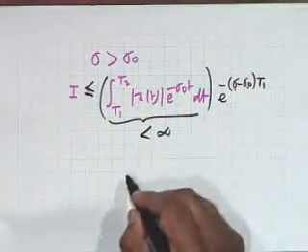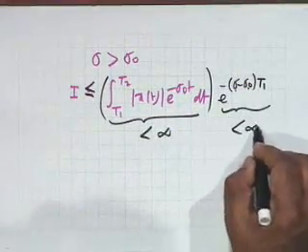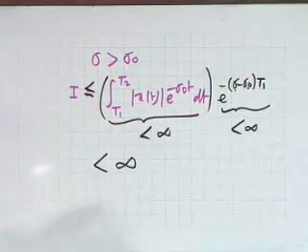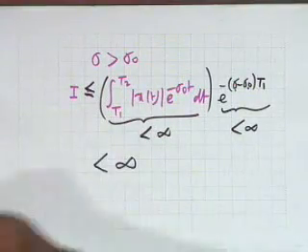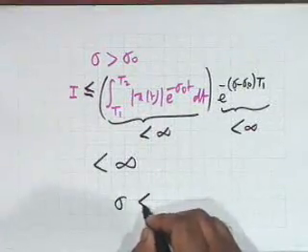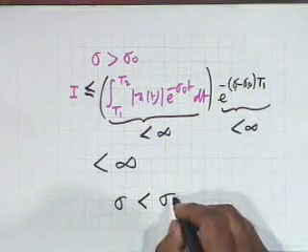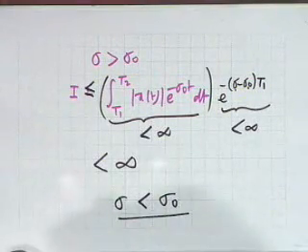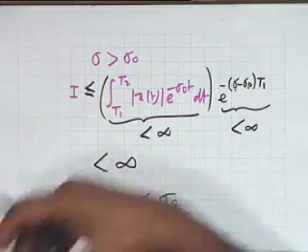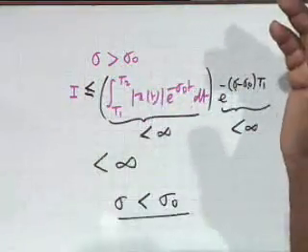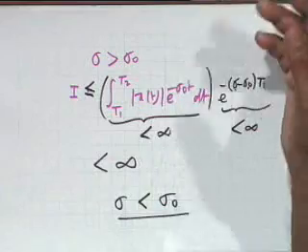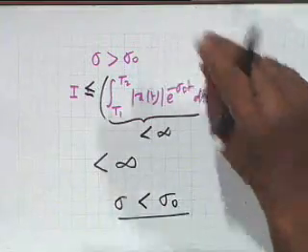So this is less than infinity, this is also less than infinity, and therefore the whole thing is less than infinity. In other words, any point sigma greater than sigma 0 is also in the region of convergence. And in a similar manner, you can show that any point sigma which is less than sigma 0 also is in the ROC. And therefore, the argument is that the whole S plane is the ROC.